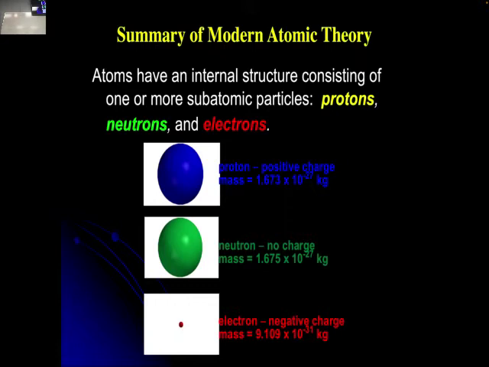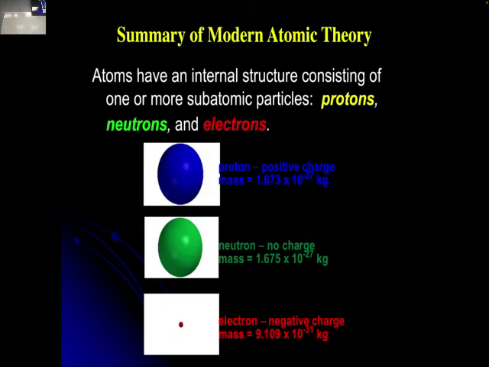And then you have the tiny electron, which has a negative charge. It has just as much negative charge as a proton has positive charge, in terms of magnitude. The mass of the electron is really negligible: 9 times 10 to the negative 31st kilograms.